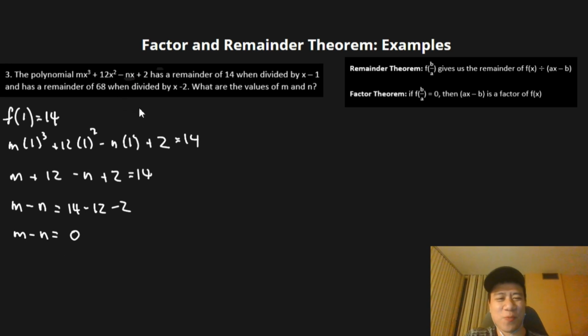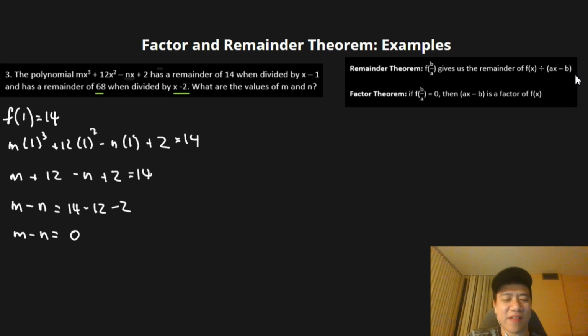And the big question is, where are we going to get it? Well, we still have more information to work with. We also know that it has a remainder of 68 when we divide by x minus 2. This means we can use the exact same logic as we did before. Since the corresponding number for x minus 2 is 2, from the remainder theorem, if we substitute 2 into the function, it should give us the remainder when we divide.